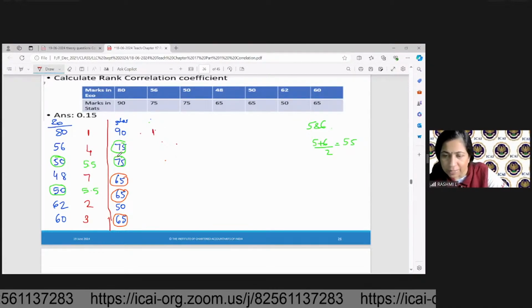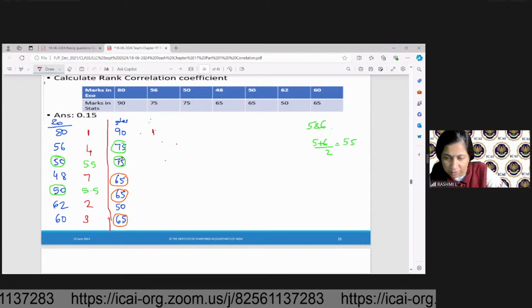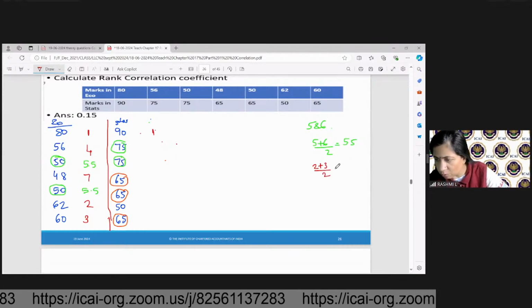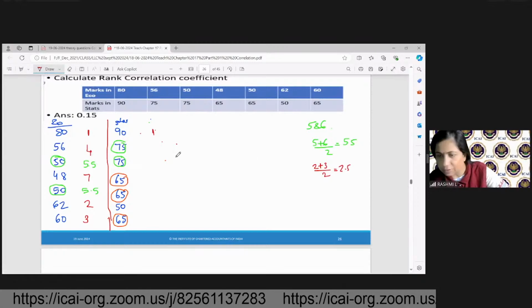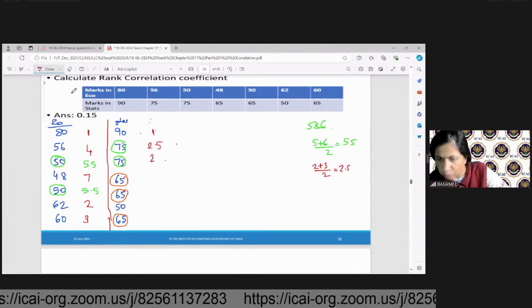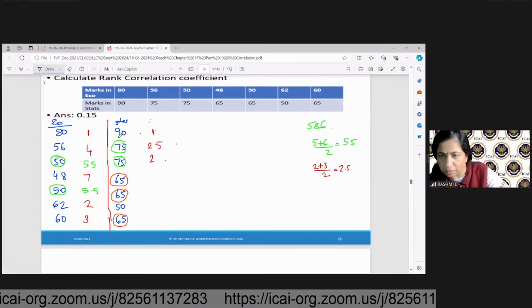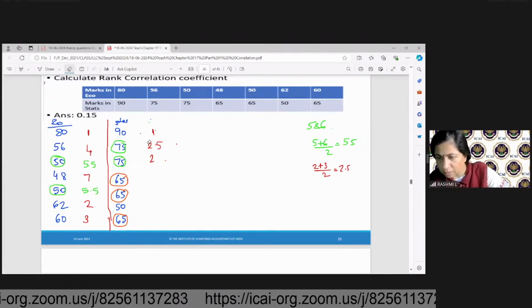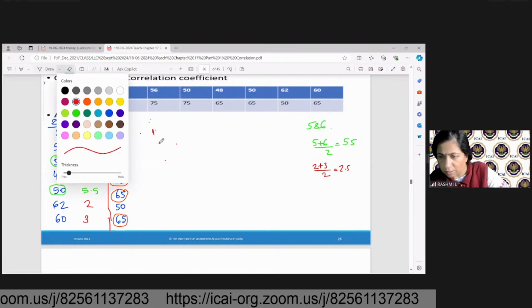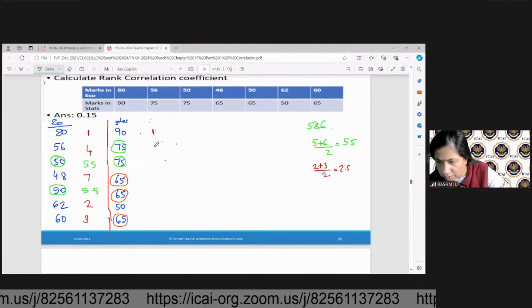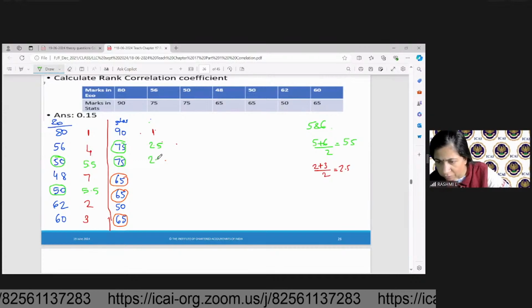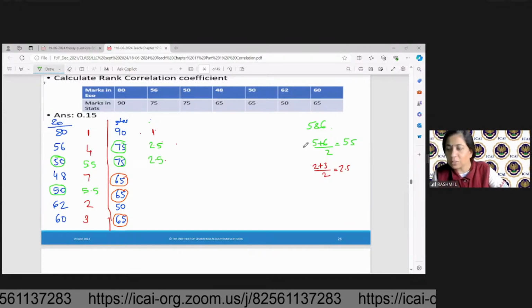Now for second rank, I have again second and third. So 2 plus 3 upon 2, that is 2.5. So this is 2.5, this is 2.5, that is 2 and 3.